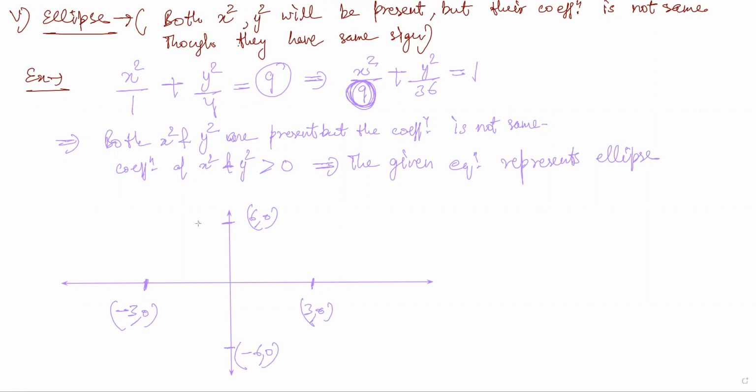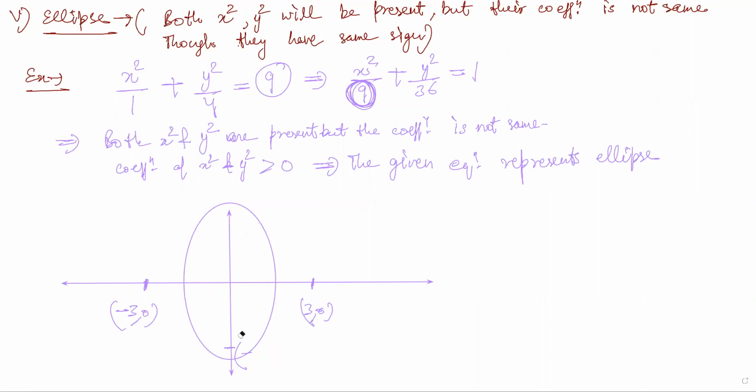So how do you draw your equation? This will not be the correct drawing first of all, but yeah, this is an ellipse, something like that. Sir, it's 0, 6, right? Yes, it's 0, 6.